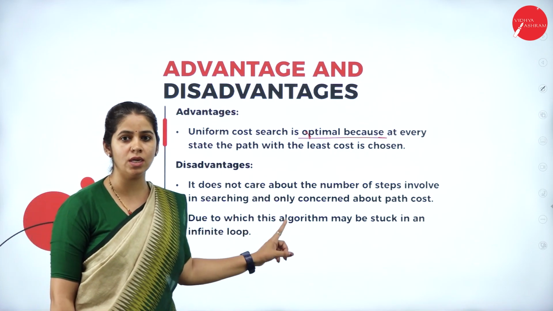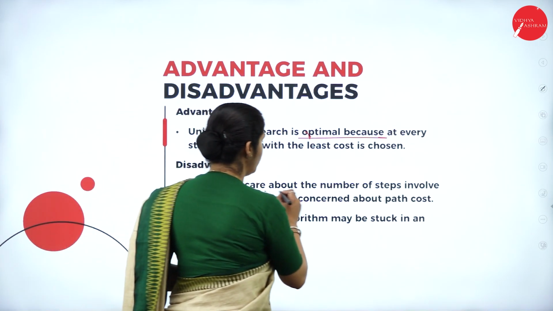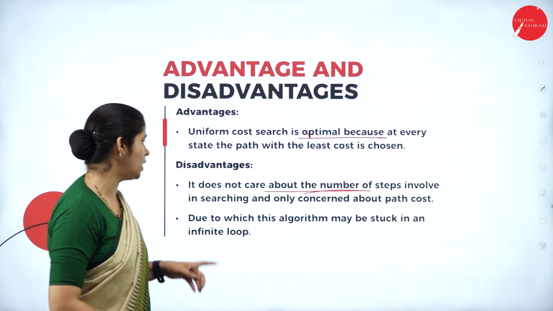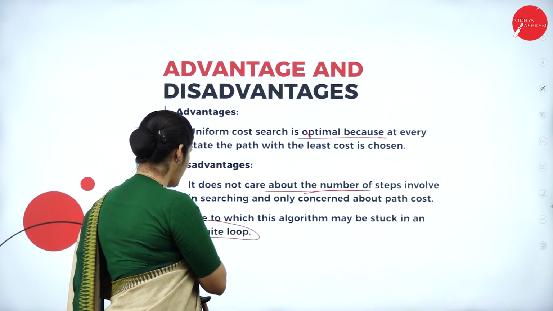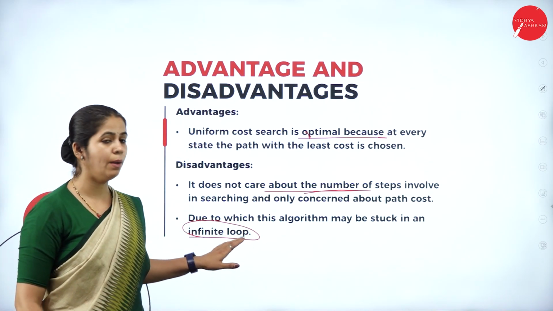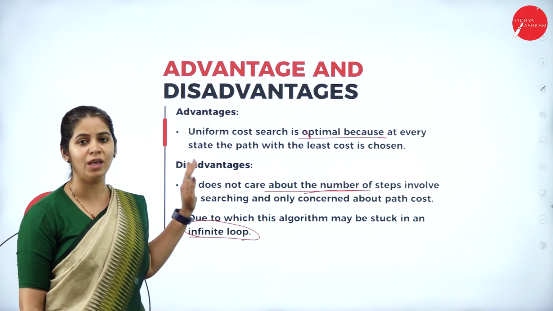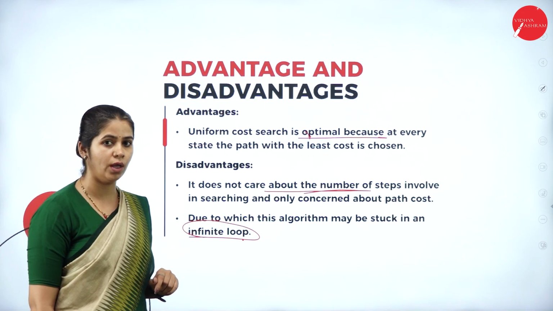It only concentrates on the cost, not the steps that have to follow. Due to this the algorithm can get stuck in an infinite loop. It keeps repeating steps, so it will end up in an infinite loop. This is a major disadvantage of the uniform cost search algorithm.